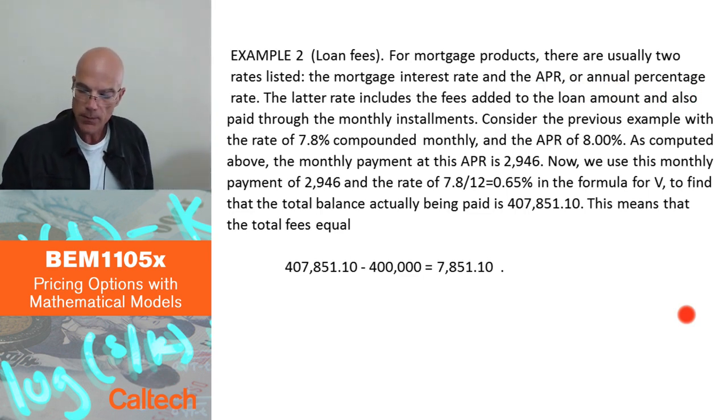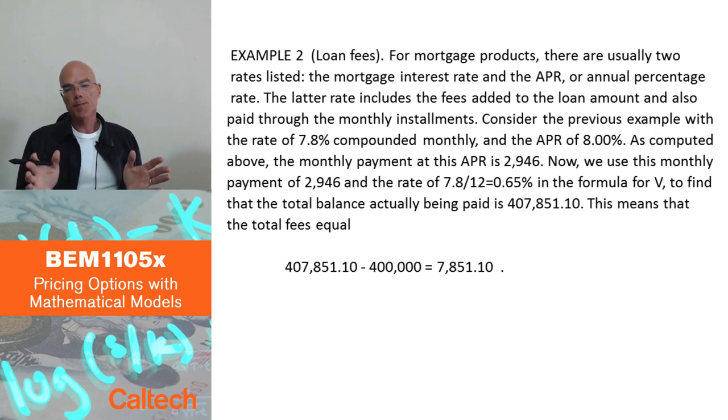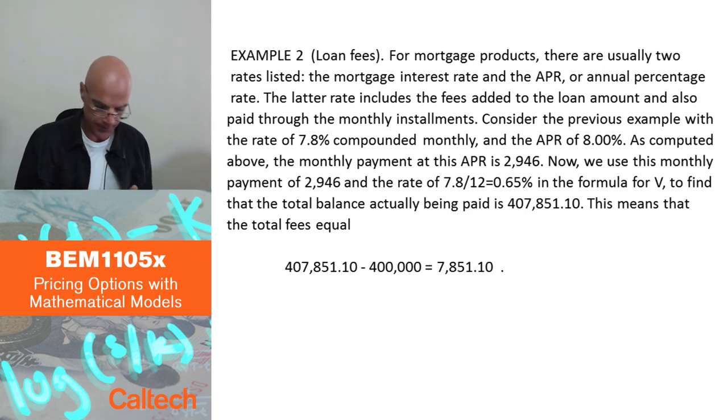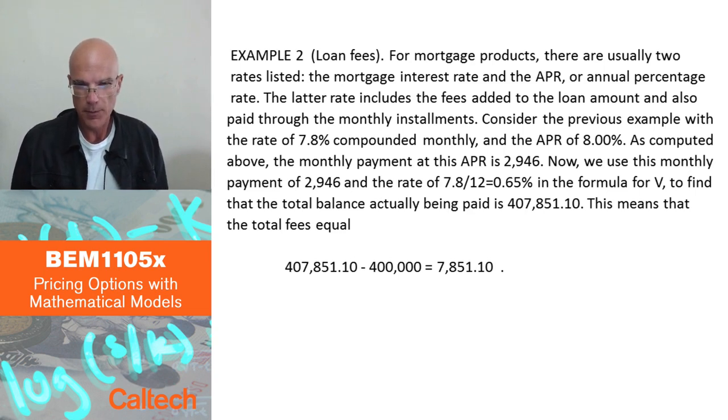Well, the bank is not just giving you the loan for free; they are also charging some fees for their service. To make it easier for the loan holders, you don't have to pay these fees in cash out of your pocket.